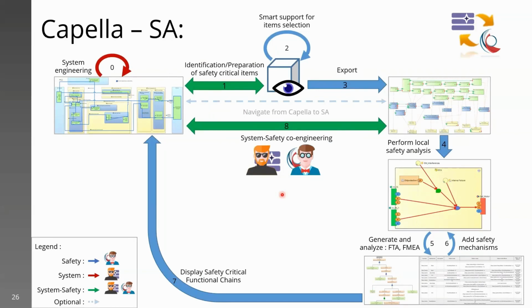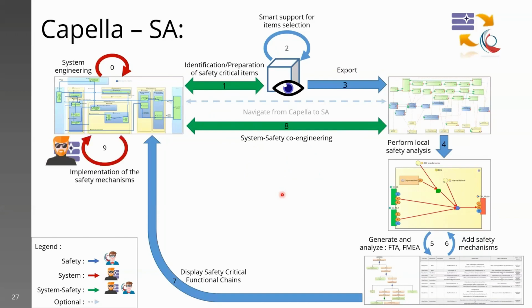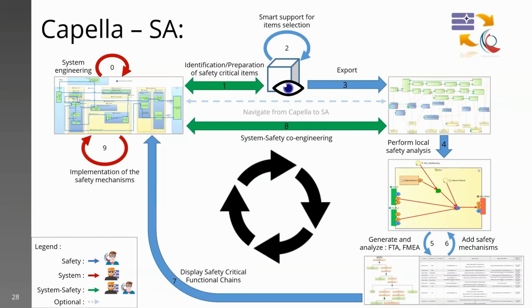When both teams agree on the safety mechanisms to implement, the system team can modify the system architecture. Now that the system architecture has changed, we can perform all this process again, because this process is iterative, and the goal is to reach the safety goal, and also to reach the system constraints, etc.